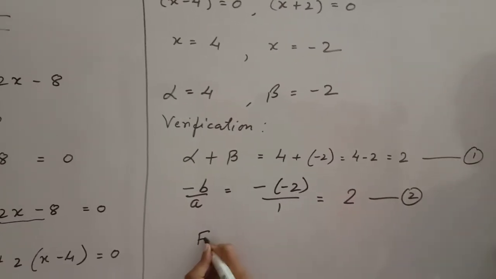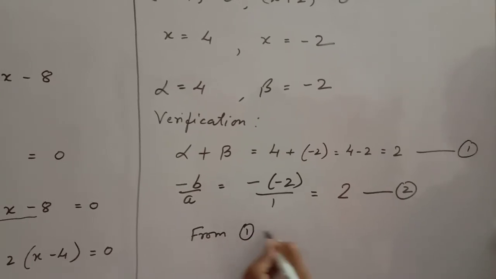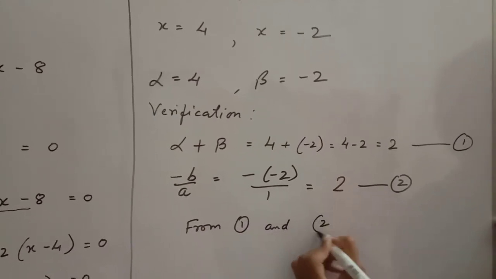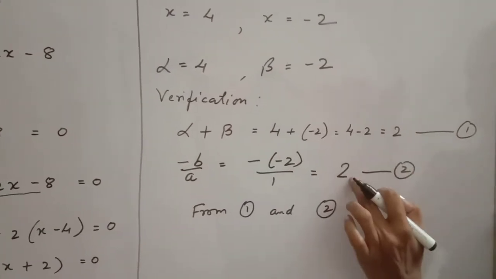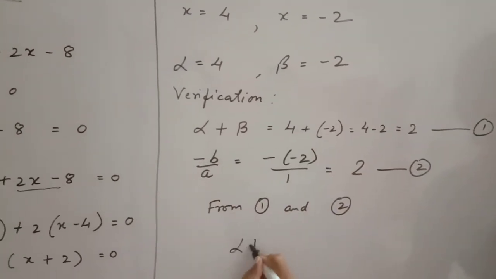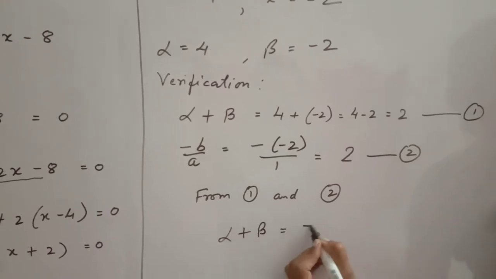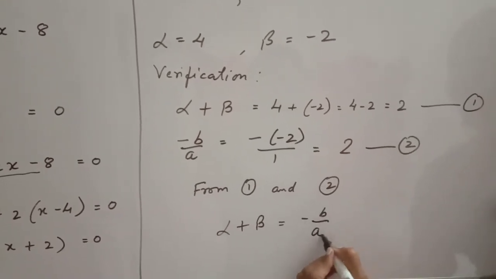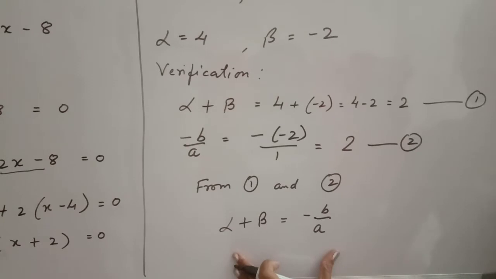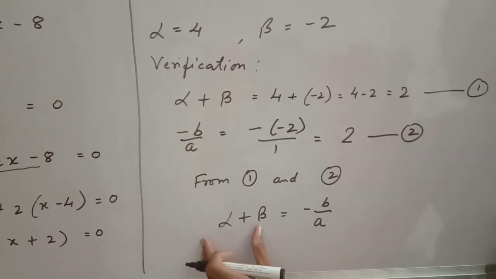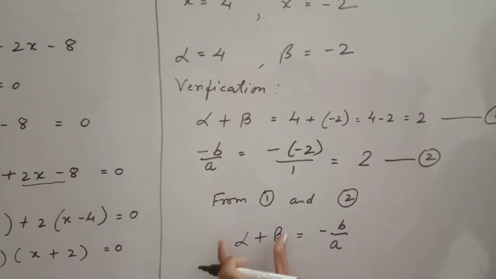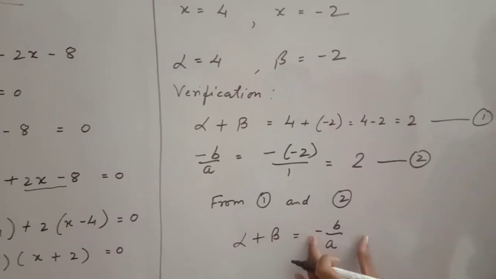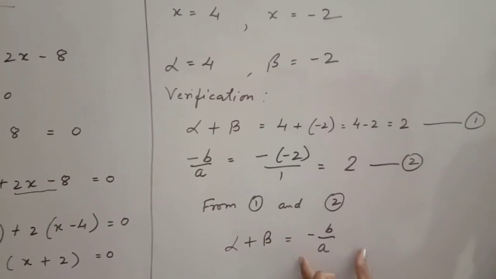So from 1 and 2, what I verify is that this is also 2, this is also 2. That means alpha plus beta is equal to -b/a. So this is the relationship between the sum of zeros of the polynomial and the coefficients of the polynomial.